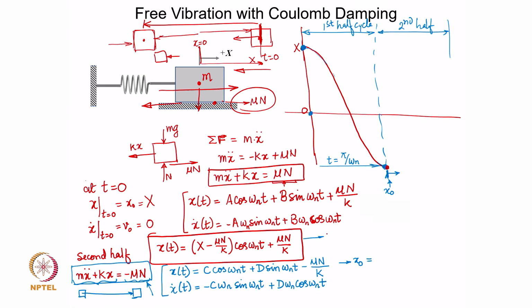So, let me write this: x at t equal to pi over omega n is equal to capital X minus mu n over k, times this cos term, which is going to be cos omega n t. What is t? t is pi over omega n, isn't it? And plus mu n over k. You get it?